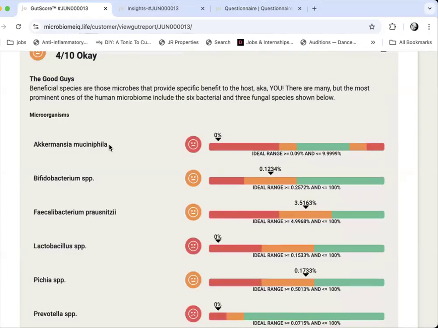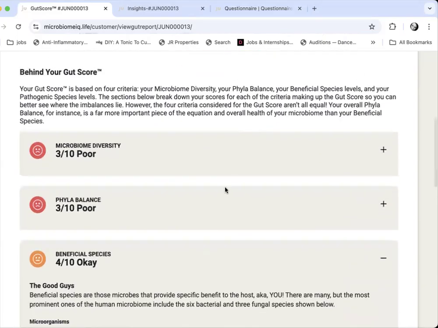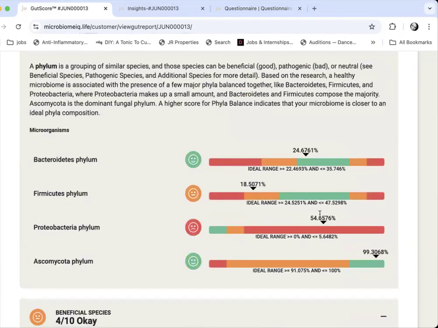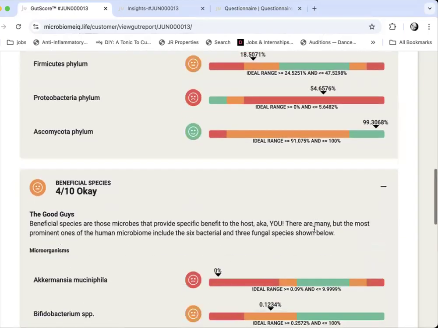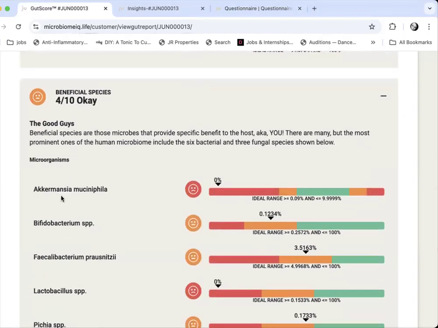So it responds to the level of mucus in the stool and in the gut. Where there's inflammation, there's usually mucus. Inflammation means mucus. So if there's high inflammation in the gut, like we see here through this elevated proteobacteria, we will likely see a low or high level of Akkermansia muciniphila.